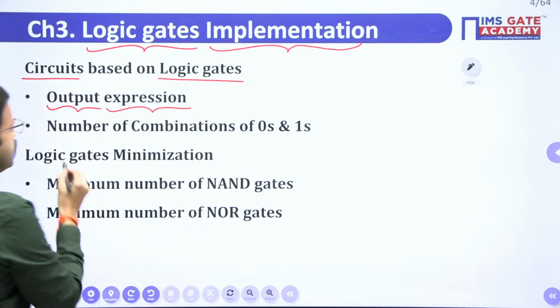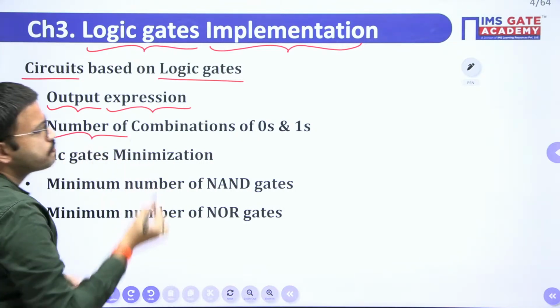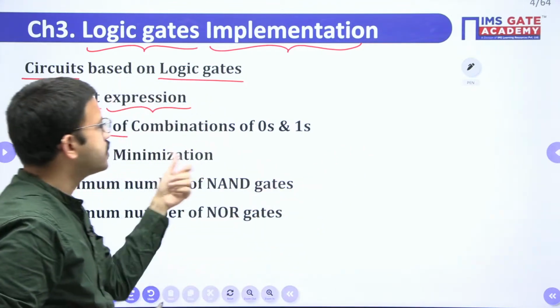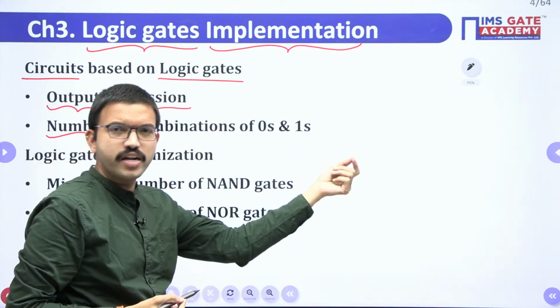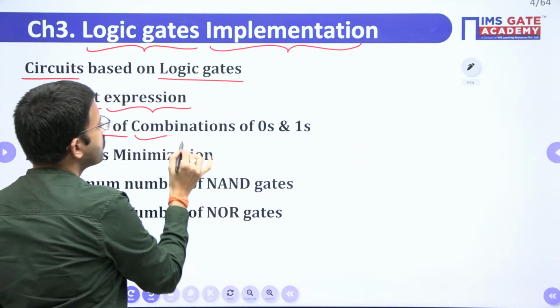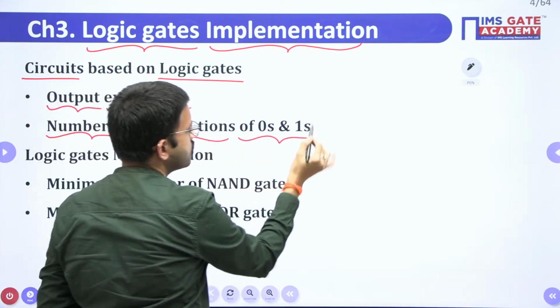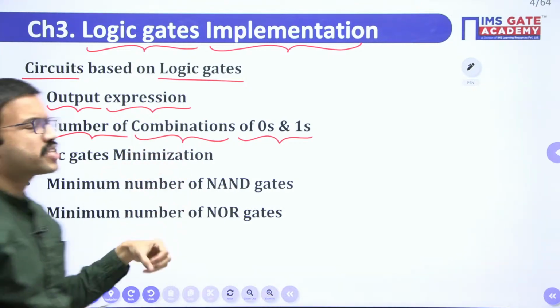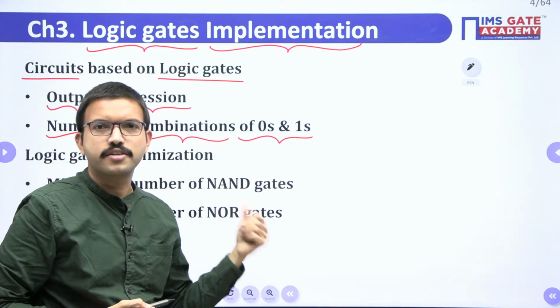Sometimes they will give a specified output, which can be either 1 or 0. In order to get the specified output, they may ask what combinations of zeros and ones are possible, or they may give choices, and you have to choose the correct option regarding the input combination, etc.